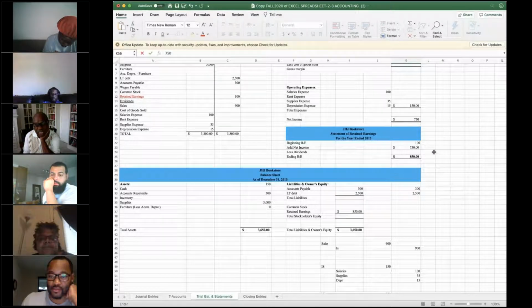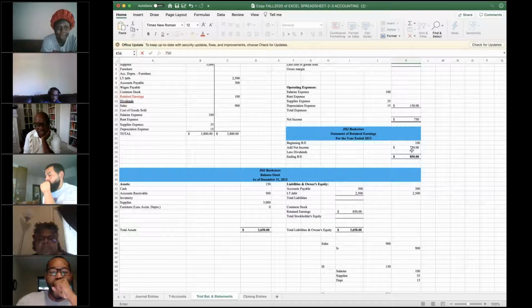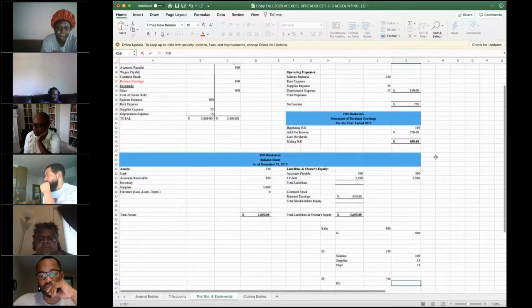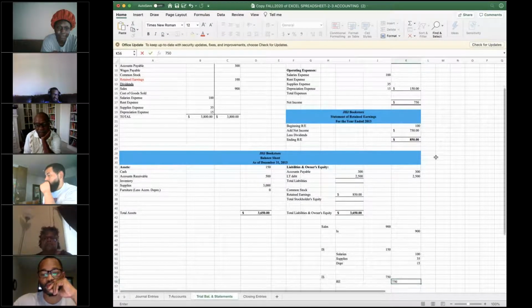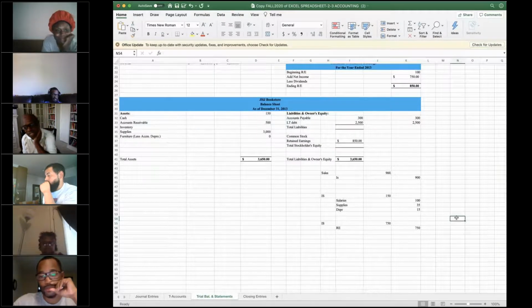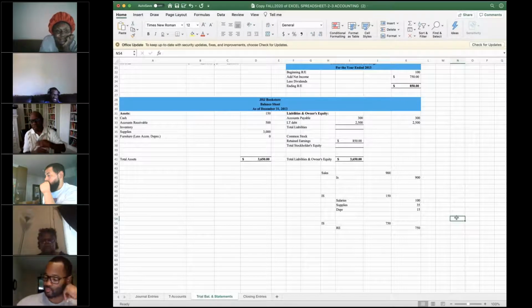Then that net income, when you post it, you already have 100 in the account, it's going to get it to 850. So you need an entry that will make it 850. It's not the 850.